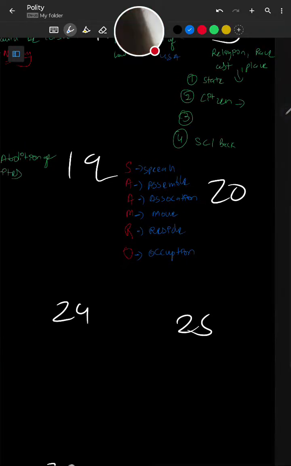That is Article 19, which is pretty important, and SAAMRO is the short trick. S is clause 1, A is the second clause, A is the third, M is the fourth, R is the fifth. Then there was one more, the sixth clause, which got removed, as this was the right to property.